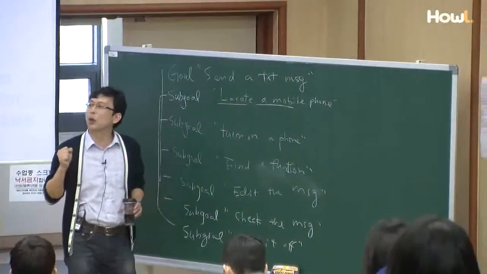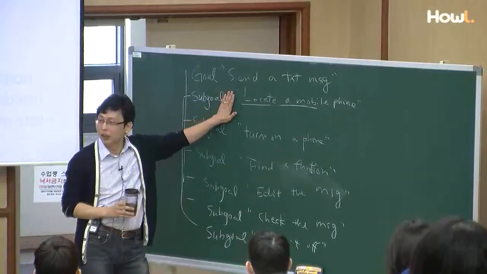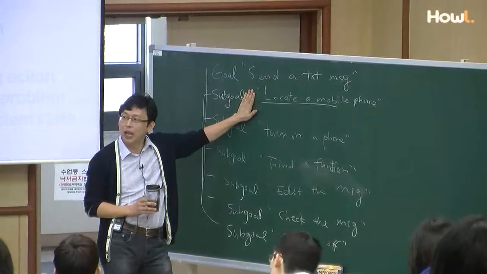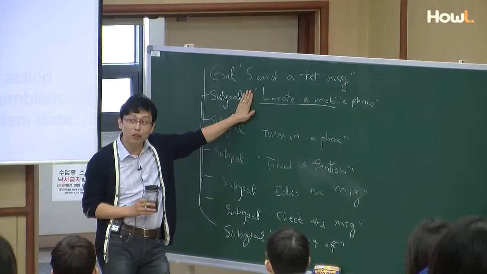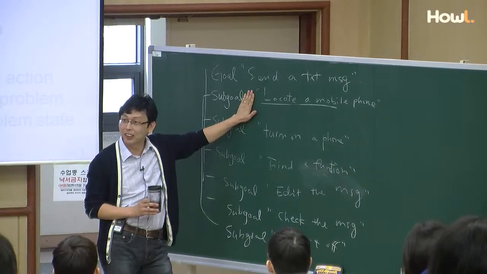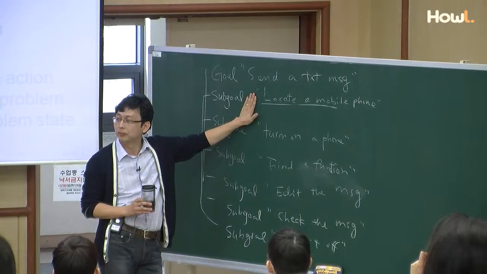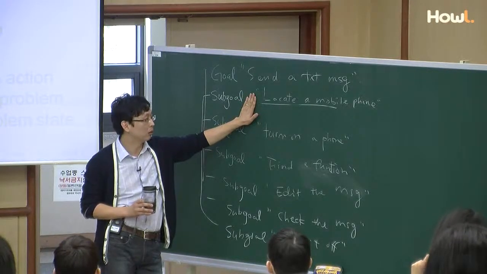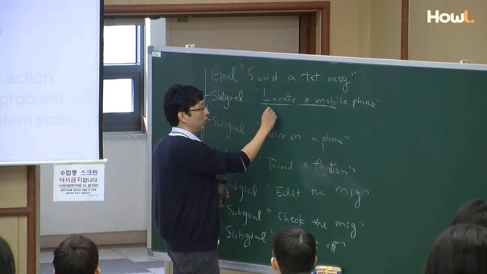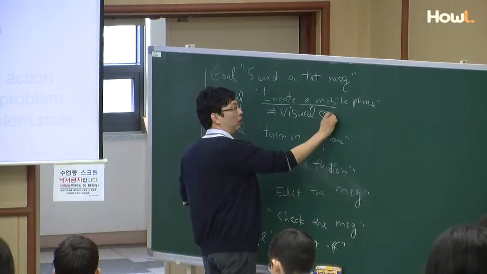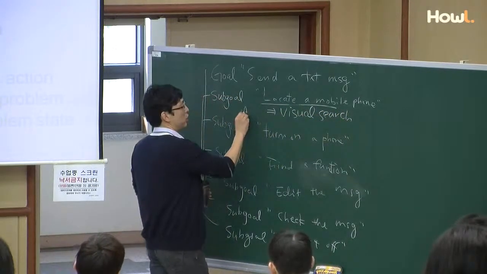Now you have to decide what action. So this is your goal, and when you have a goal, the next step is action. What action achieves this sub-goal? Okay, that is your action.